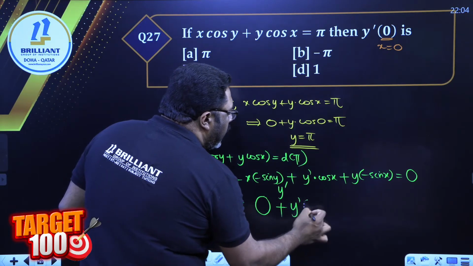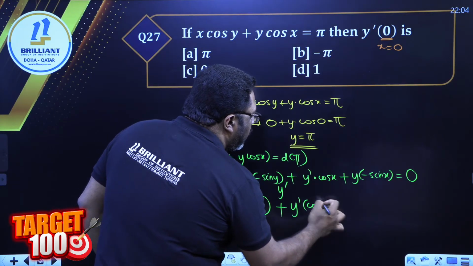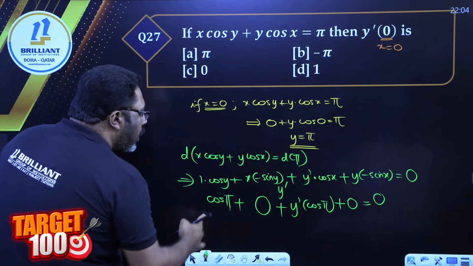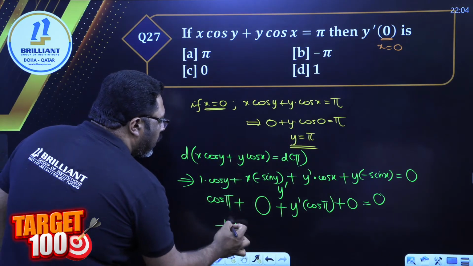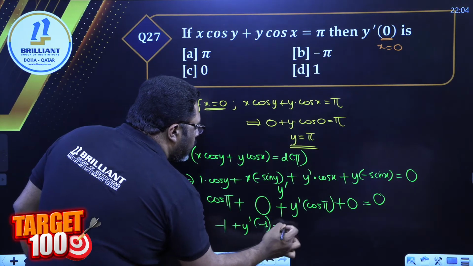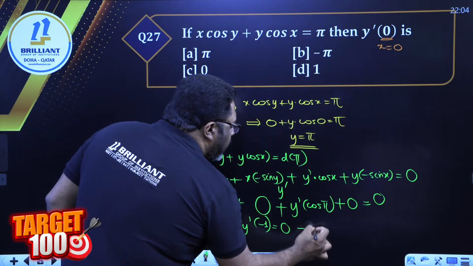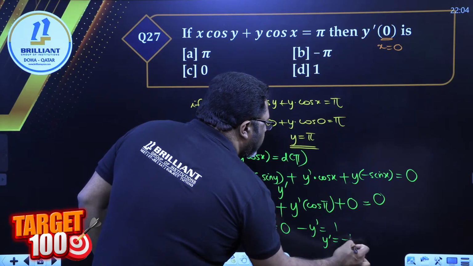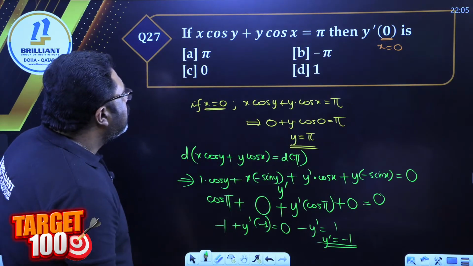Y dash into cos pi, and this term is also 0, equal to 0. Cos pi is minus 1, y dash into minus 1 equal to 0. So minus y dash equal to 1. So I'm getting the answer for y dash is equal to minus 1.